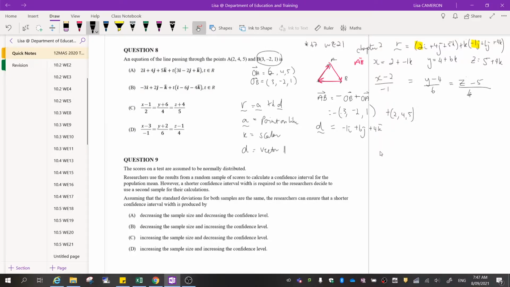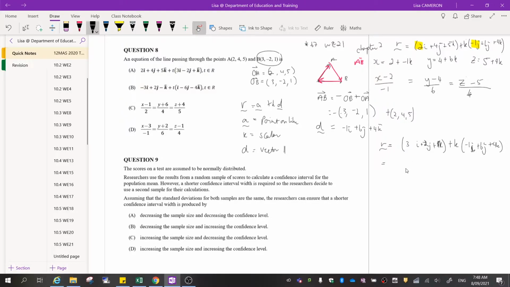So r is equal to 3i plus -2j plus 1k, plus k times (-1i plus 6j plus 4k). Does this match? No, the negatives are in the wrong spot, so that doesn't match.